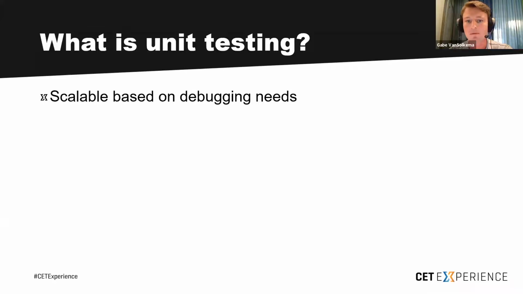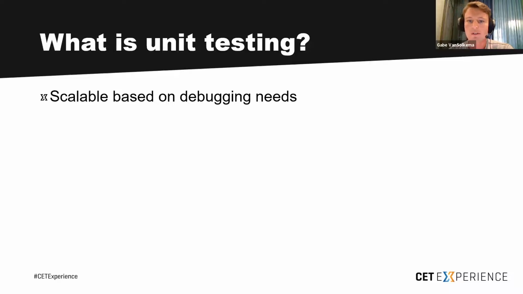So it's scalable based on your debugging needs. I think this is important. Depending on what you need, you could find yourself running into situations where you want to implement a bunch of unit testing for a certain chunk of functionality. Or you might find yourself saying, hey, this isn't actually something that I really need to unit test, or at least I don't feel like I need to unit test it now.